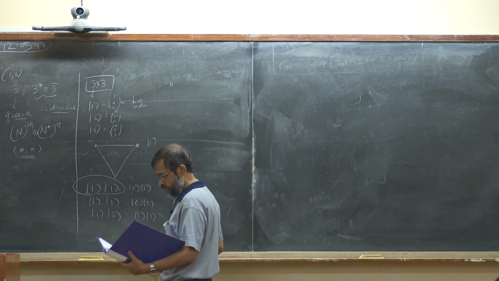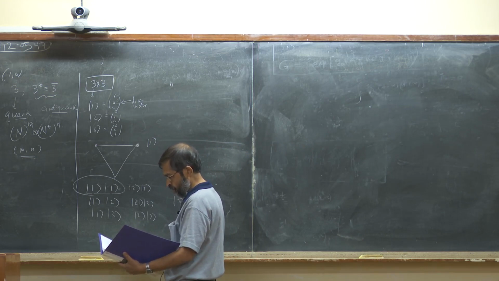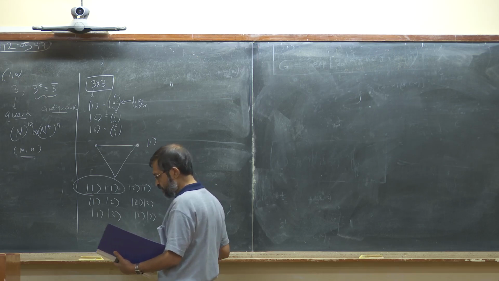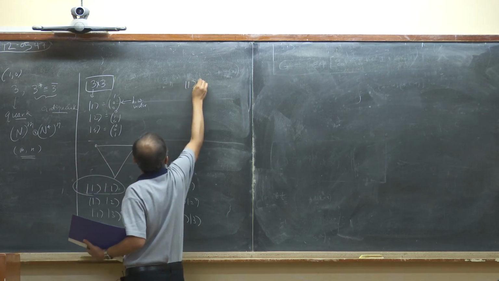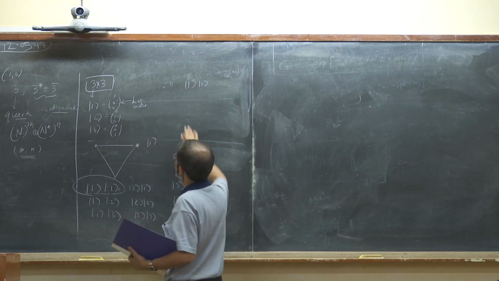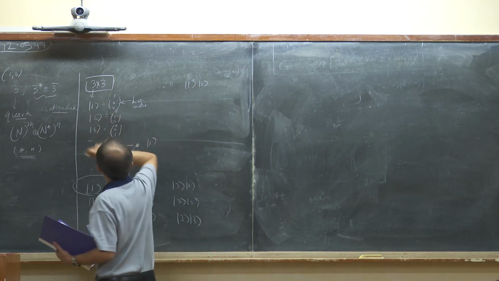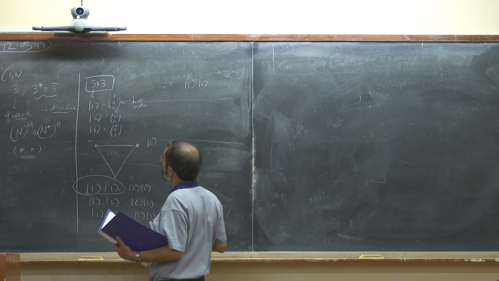So let me just give you the schematics. I start from 1, 1. Now, one thing that you should remember is that this 1 belongs to the highest weight vector of the fundamental representation, whose Dynkin labels are 1, 0.